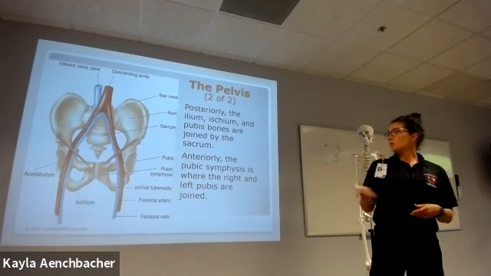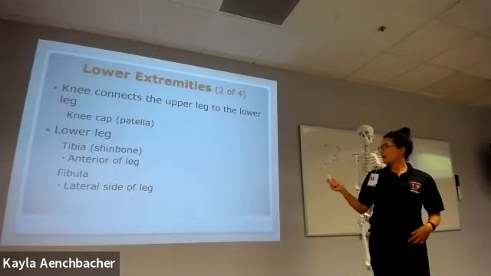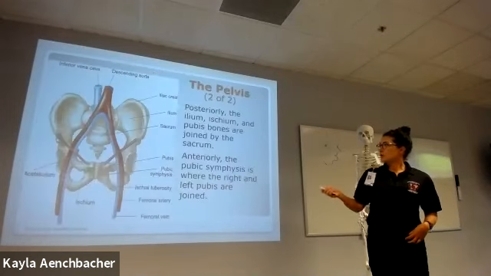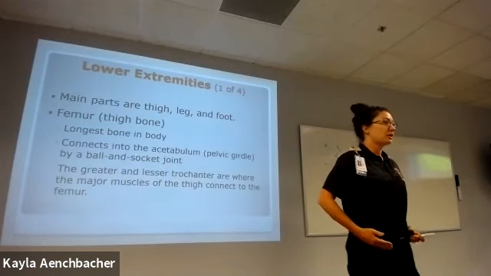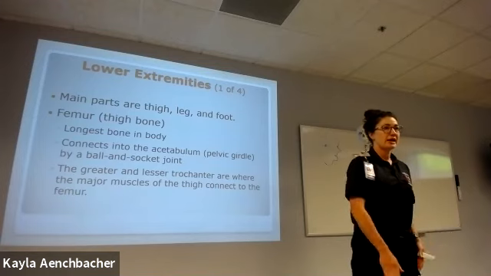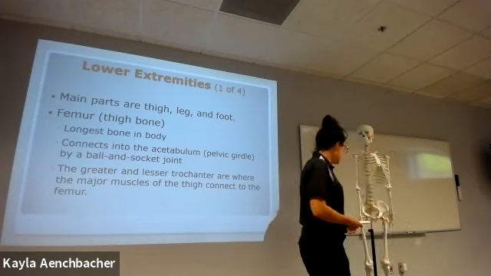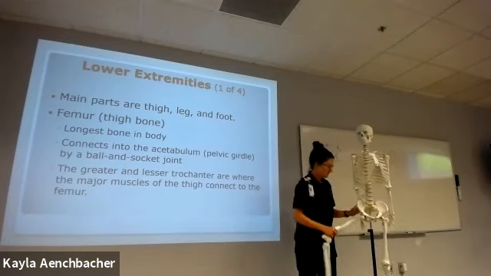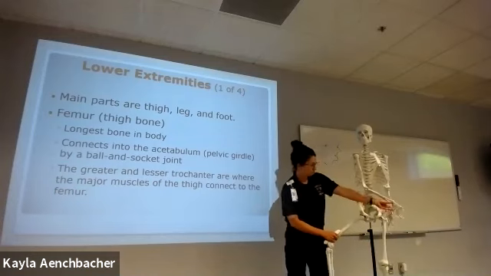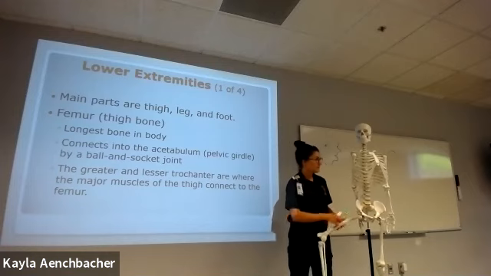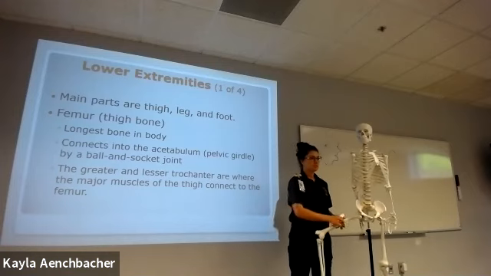All right, we are going to have our lower extremity connected to our pelvis by our femur. Okay, so bilaterally, this really, really long bone, this guy right here, this is going to be your femur.